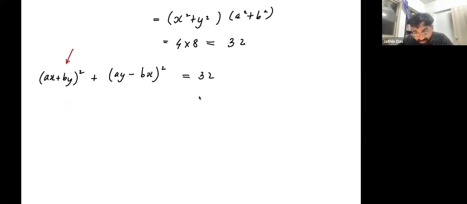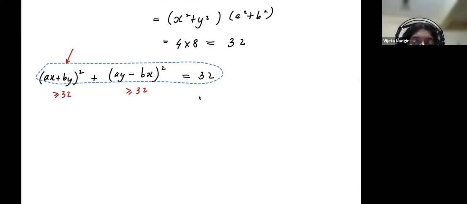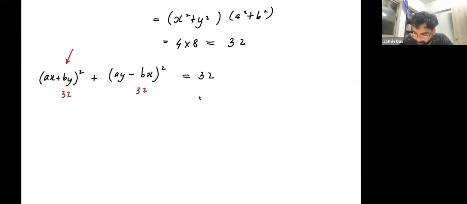So they're asking the minimum value of this. Directly, by seeing only you should start telling this is also greater than or equal to 32. But if you still have doubt, you can think like this: greater than... sorry, less than. Okay.